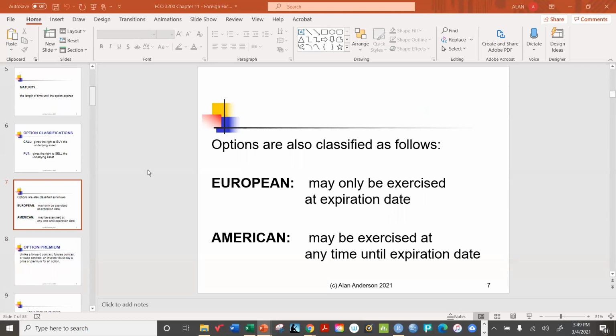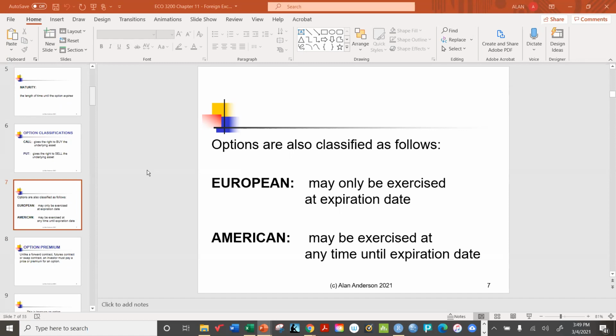The two basic types of options are called European and American. The European style options can only be exercised on the expiration date. So for, let's say, a European call option on Apple, you could buy the Apple stock, but only on the expiration date of the option.